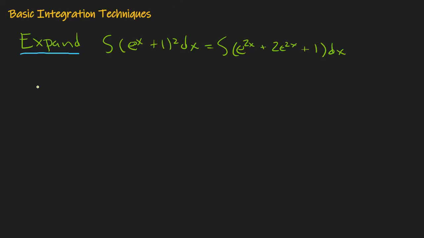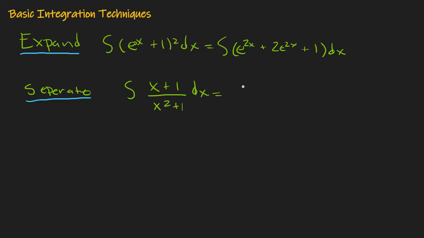Another one is that we can actually separate. We have seen this demonstrated a few times, but we can look at one where we have something like the integral of x plus 1 divided by x squared plus 1 dx.